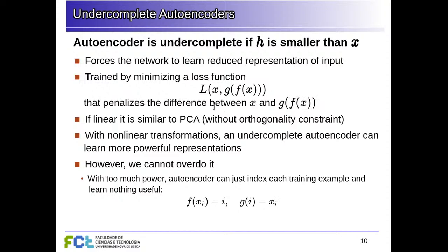So we just use this as a loss function, for example, binary cross entropy or minimizing the quadratic error, something like that, and we try to match the output to the input.